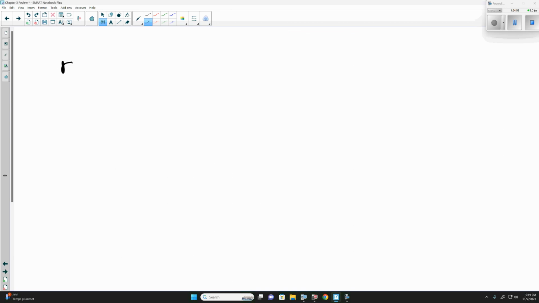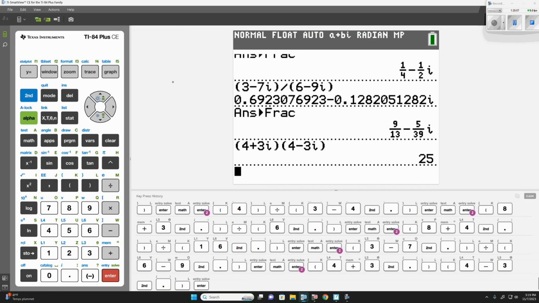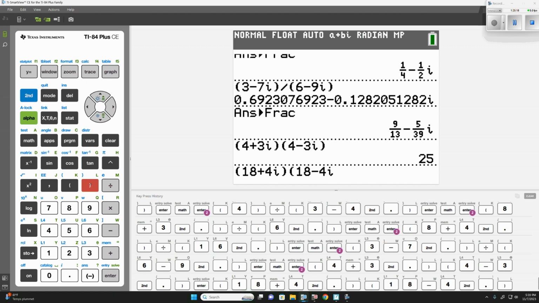R is given to us as 18 plus 14i. Its complex conjugate would be 18 minus 14i. And to find their product, we're multiplying them together. So 18 plus 14i times 18 minus 14i.